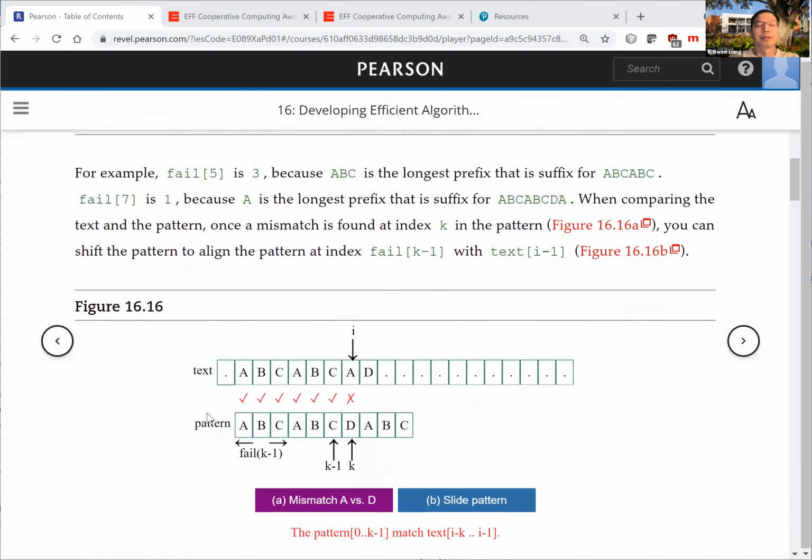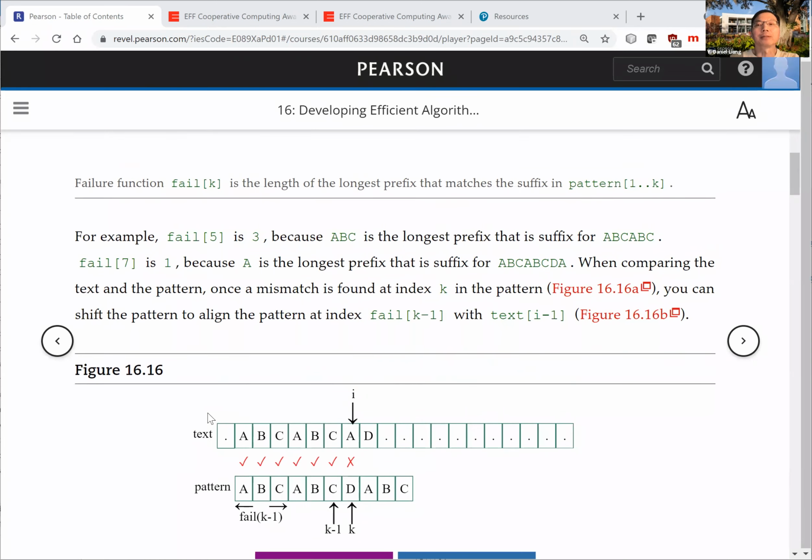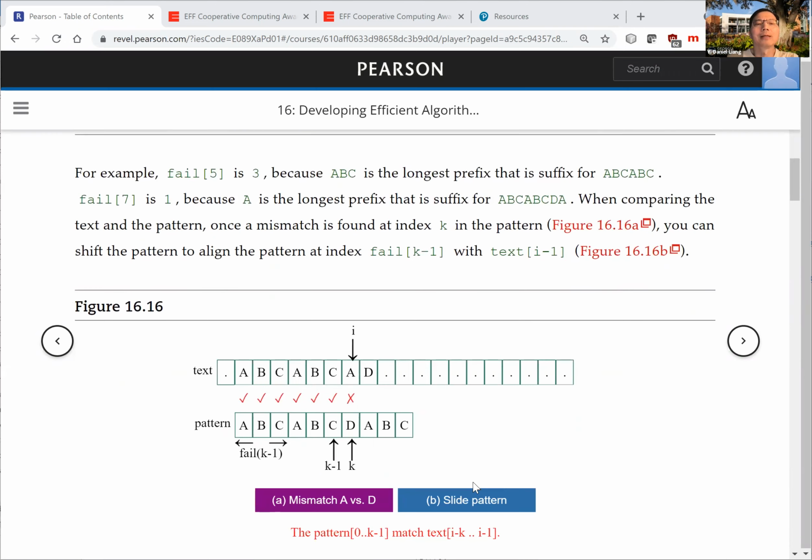Now we're going to look at how we slide the pattern. Here we have the text, and we compare everything here. A matches, B matches, C, A, C. Now this A here doesn't match. How are we going to slide it?